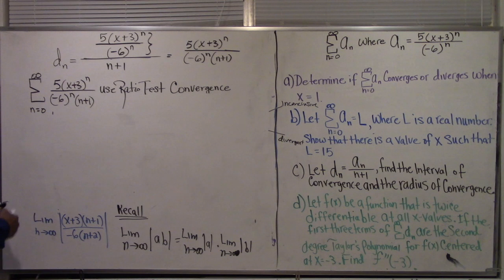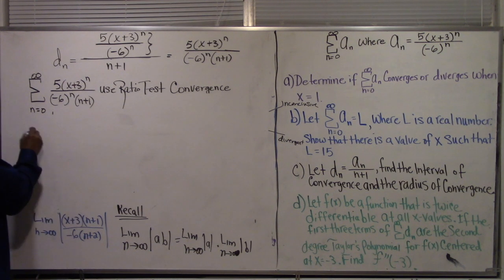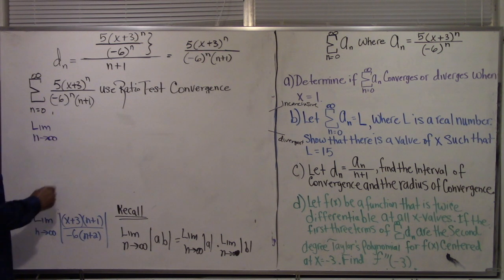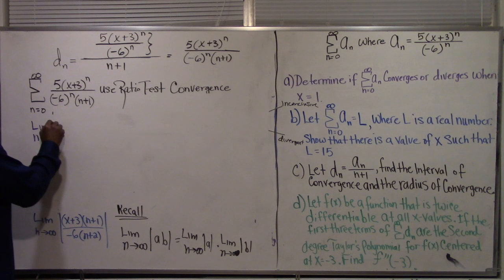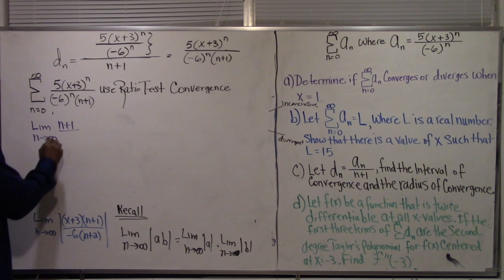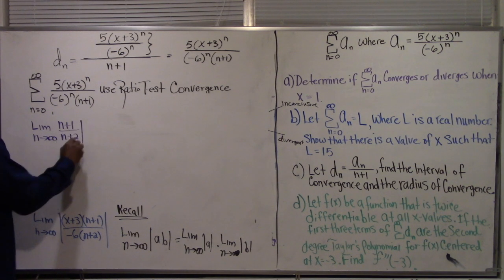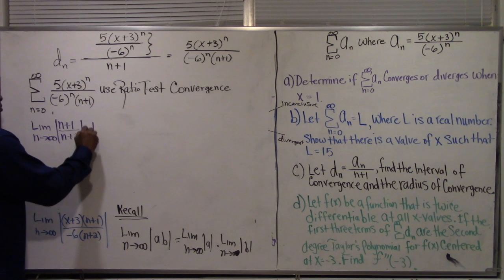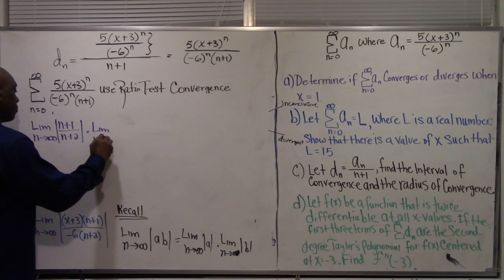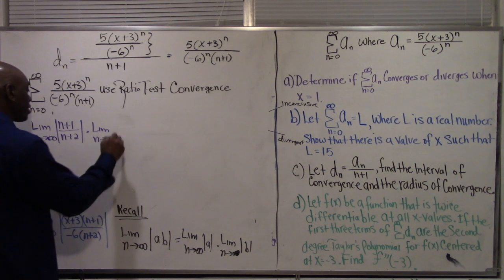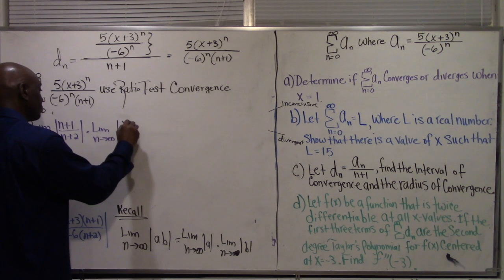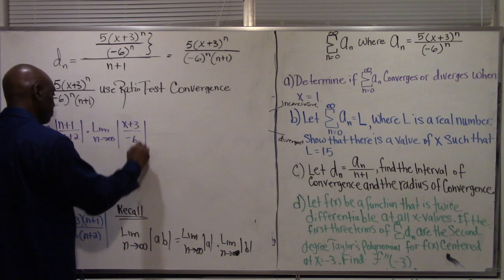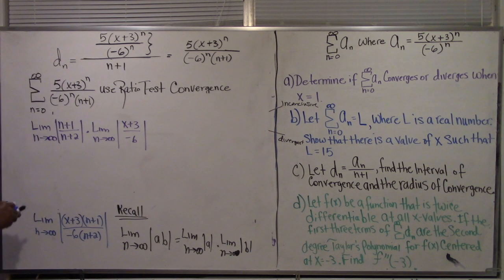So if I split it, I'm going to have the limit as n goes to infinity of the absolute value of (n+1)/(n+2) times the limit as n goes to infinity of the absolute value of (x+3)/(-6).